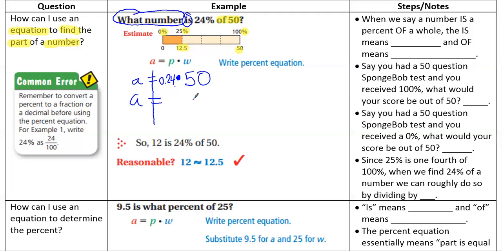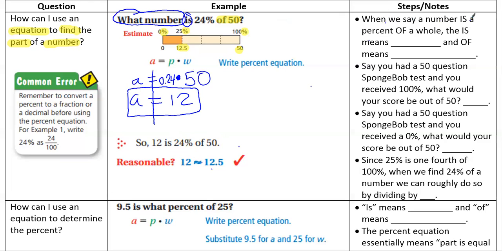Now I would use my calculator on my computer, but it really doesn't work well, so you're not going to be able to see what I'm doing, but 0.24 times 50 is 12. And that's close to our estimate of 12.5. So we're good. All right, so 12 is 24% of 50. Is it reasonable? Yes, because 12 is close to 12.5.